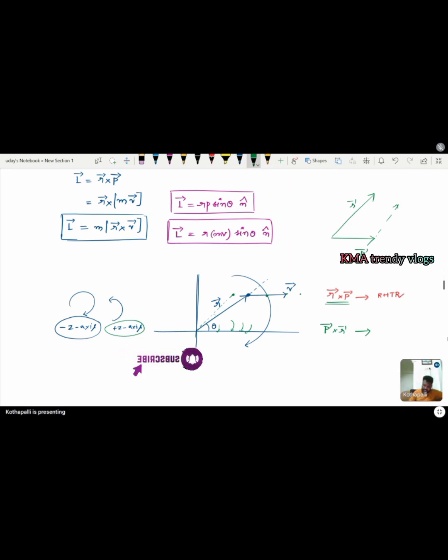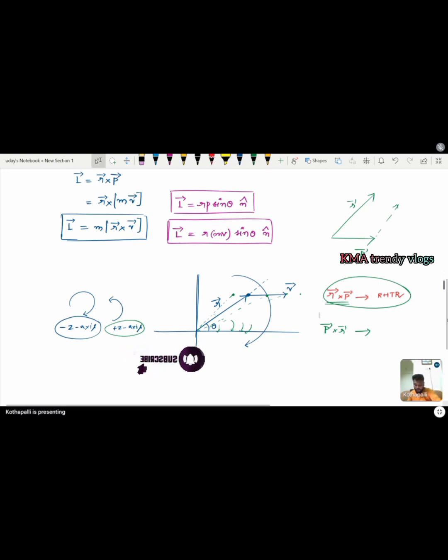But in the practical situation, to him it is appearing in the clockwise direction. To satisfy both conditions, we must always take the cross product of r vector and p vector. If you take p vector cross r vector, it gives exactly the opposite direction of the resultant. So r cross p is mathematically, according to the direction, correct, not p cross r. It is a cross product of the position vector and the linear momentum vector. Clear? Understand the direction condition and the cross product condition?